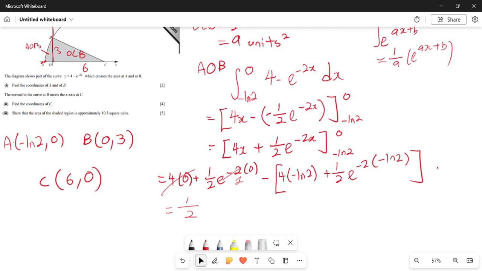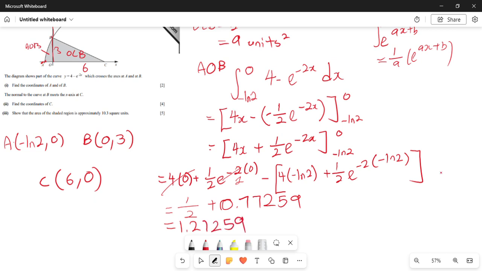One sec, let me see if my calculator is wrong. Okay, you will get plus 0.77259. So your answer would be 1 over 2, 0.5, plus 0.77259, which is 1.27259.